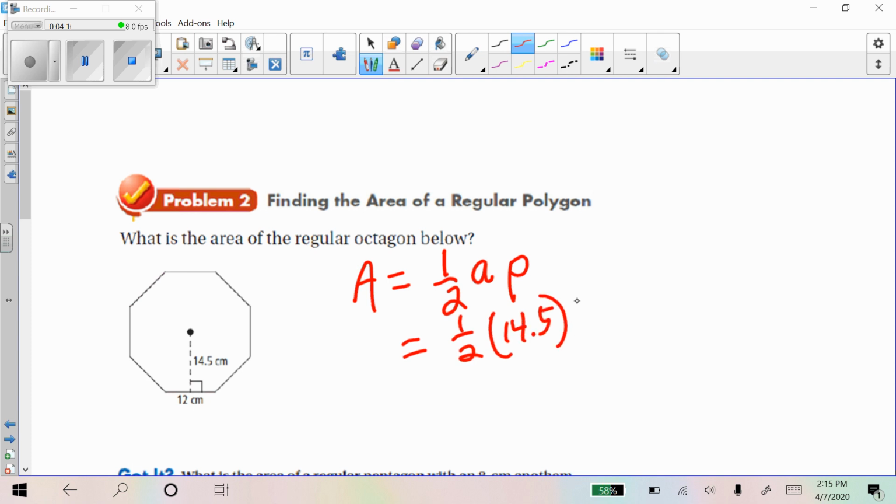And the perimeter would be 12 times the number of sides. Since it's an octagon, the perimeter would be the length of one side, 12 times 8. And when we multiply those together, we get 696 square centimeters.